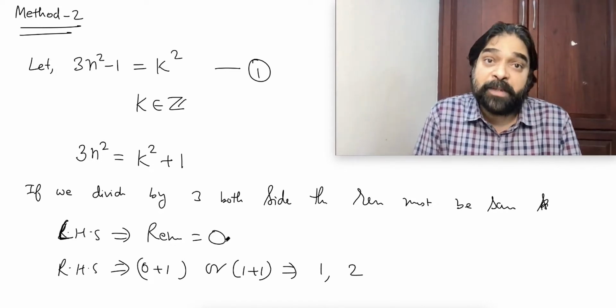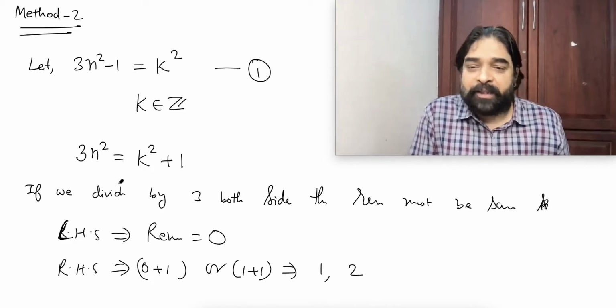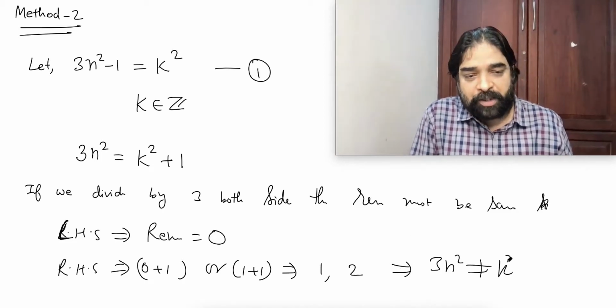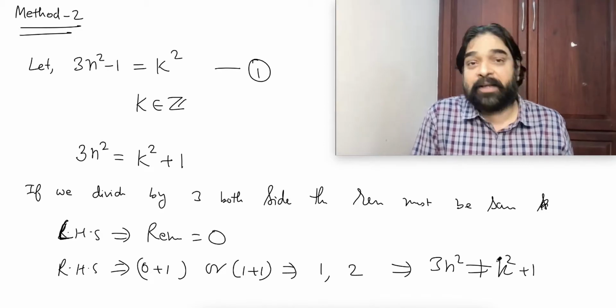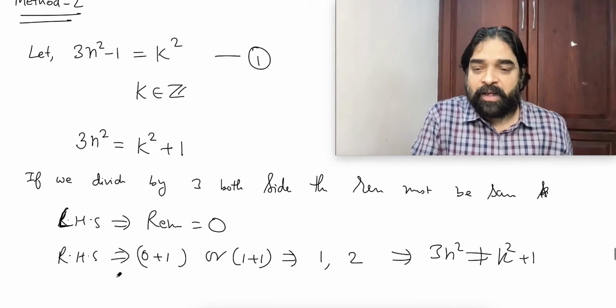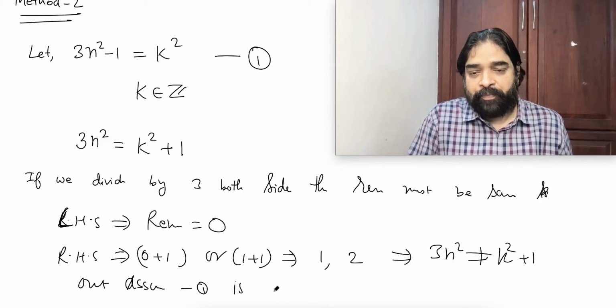Otherwise, how can the numbers be the same? This implies 3n square cannot be equal to k square plus 1. This implies 3n square minus 1 cannot be equal to k square, meaning our assumption 1 is wrong. Be clear?